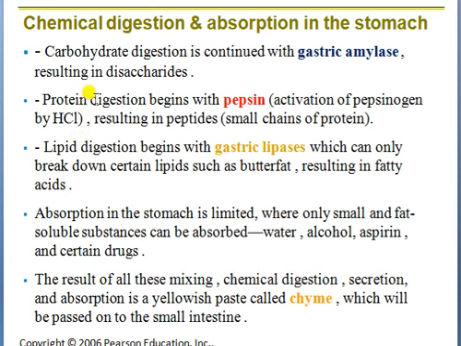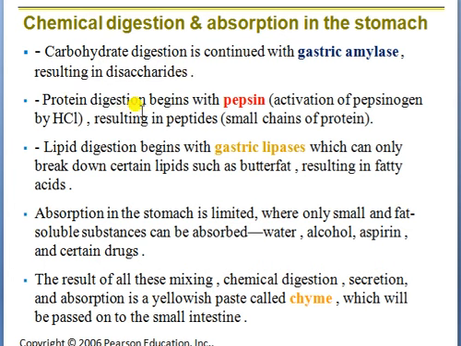Now let's come to what digestion and absorption take place in the stomach. Carbohydrate digestion occurs because of gastric amylase. Amylase is secreted in the mouth also, and the stomach also secretes amylase, so carbohydrates are converted into disaccharides, not monosaccharides. Only disaccharides are formed.